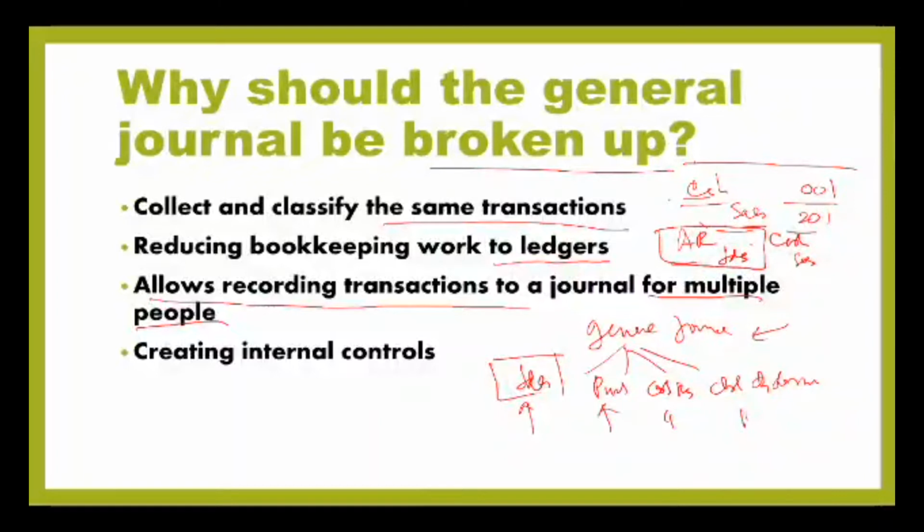You can make a mistake like this if you do it as a general journal. But in a special journal, there is a column for account receivable in the credit sales journal, so you don't need to make a mistake about that. Okay.